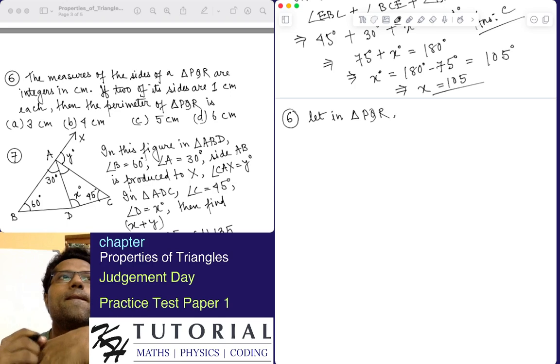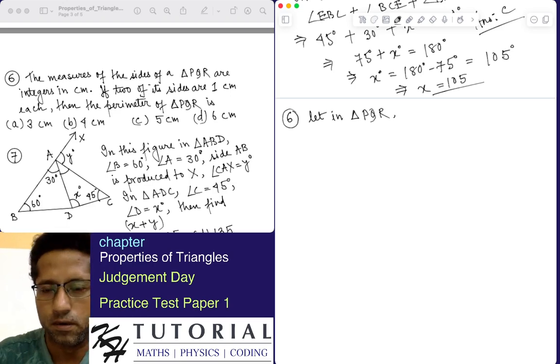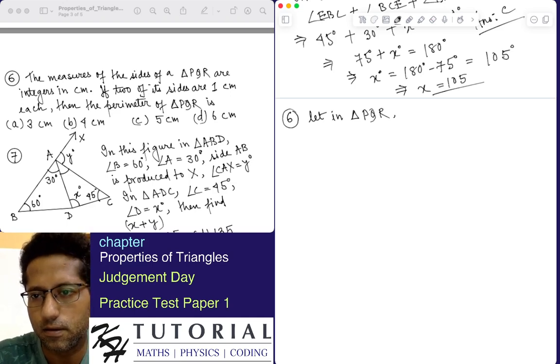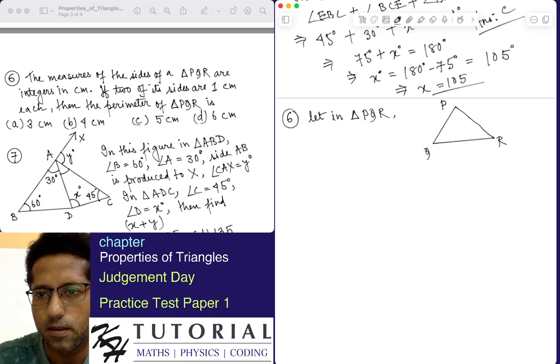We can consider roughly that the triangle will look something like this: P, Q, R, where PQ is equal to PR.